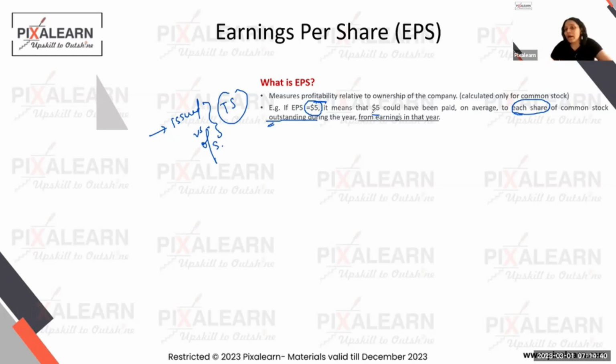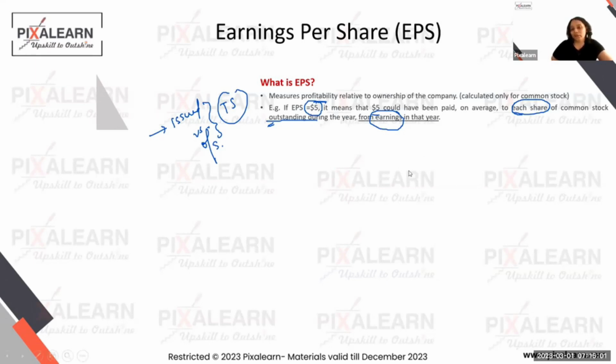Out of the current earnings of the company, if every shareholder was distributed an equal amount, what would each shareholder have got? That is what is meant by earnings per share.